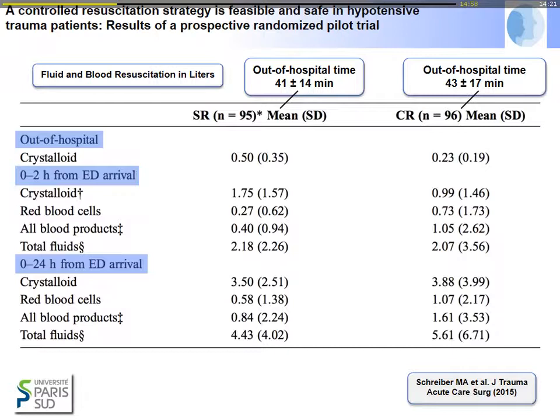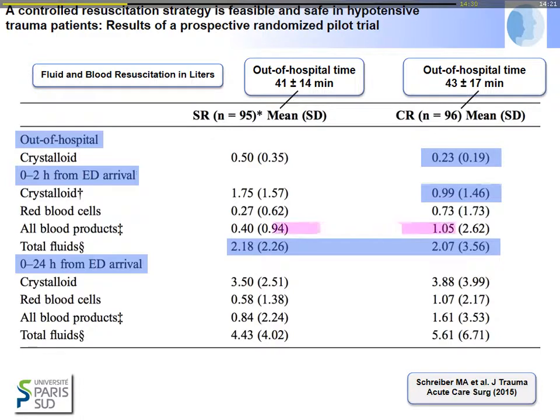But what was interesting in this study is that if you look at the quantity of crystalloid in the control group, you can see a very small amount. But if you look at the total fluid in the two groups, at the end it was the same.